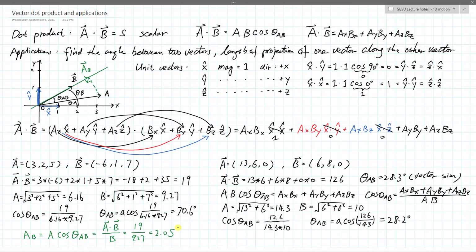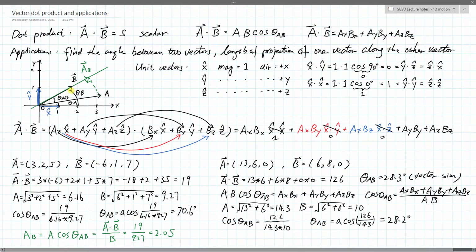That does the same thing. Assuming B here, you can draw up another perpendicular line, and this would be B vector's component. Strange, but that is what it is.